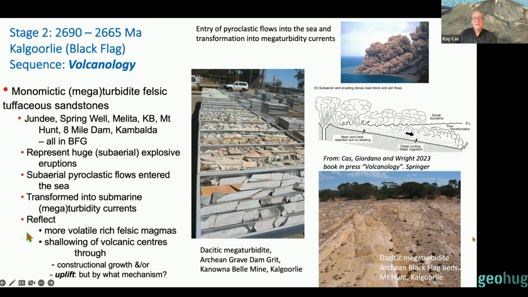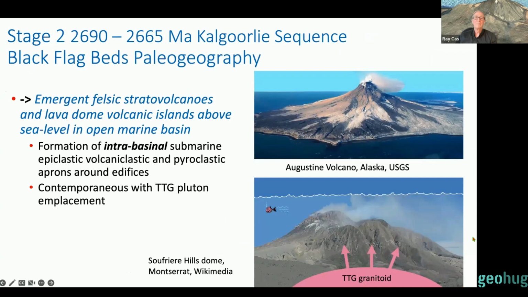So basically, this requires either or both volcanic-rich felsic magmas, shallowing of the volcanic centers, either through constructional growth up to sea level, and/or uplift of these systems so that the vent systems did indeed become shallower.